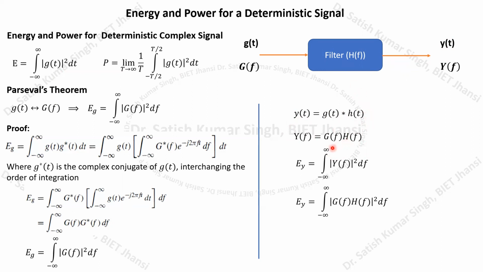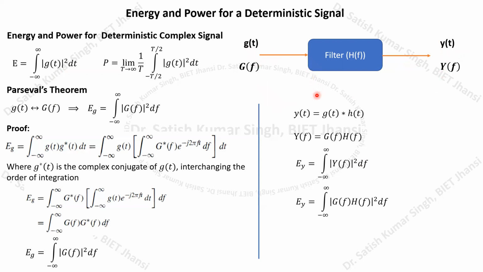If you use Parseval's identity, we can calculate this output energy E_y. That will come out as the integral from minus infinity to infinity of mod of Y(f) whole square df, okay? Here you can substitute G(f) into H(f) whole square and df, right? So just I'm substituting this value. This way we can calculate the output energy if you pass any signal g(t) through such filters.